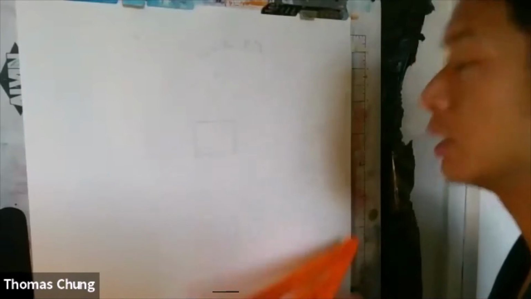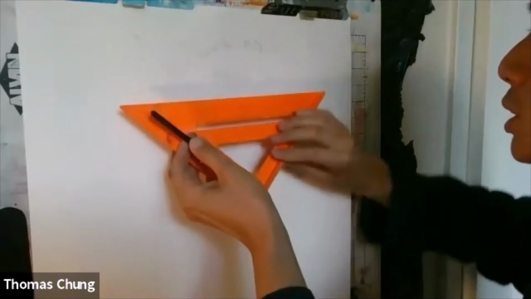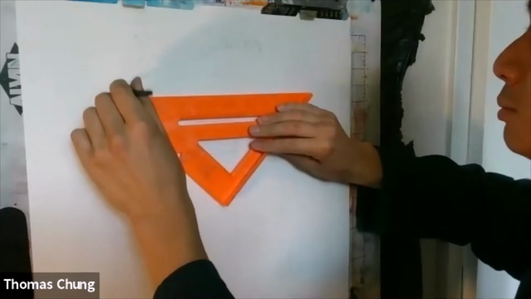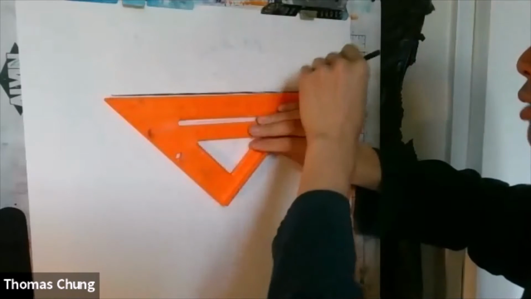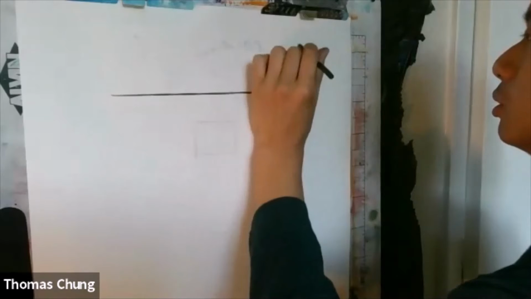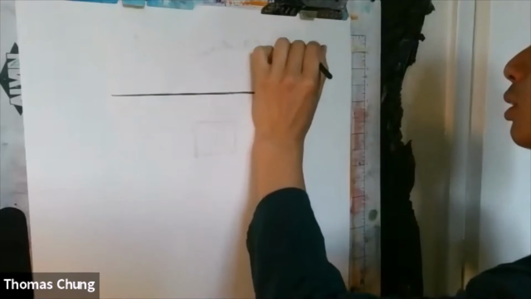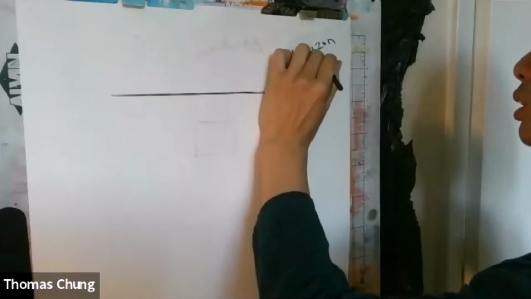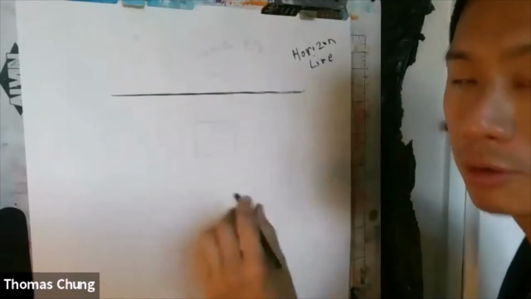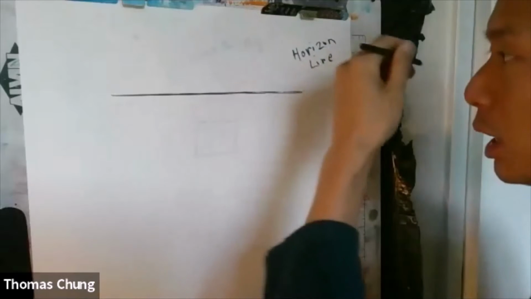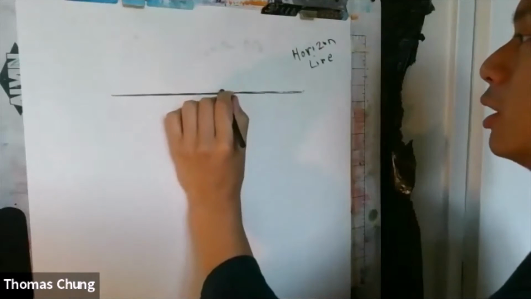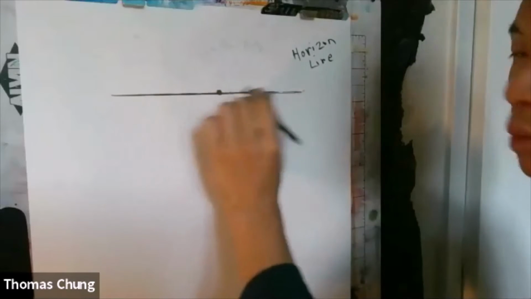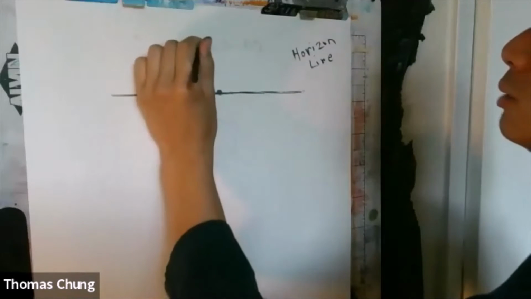With linear perspective, you always need to have what is called the horizon line. What the horizon line is, is the eye level of your viewer. This is where they are looking at their eye level. And then you're also going to place something called a vanishing point, which is exactly where they will be looking.